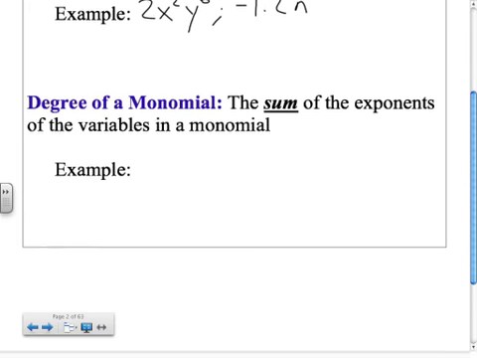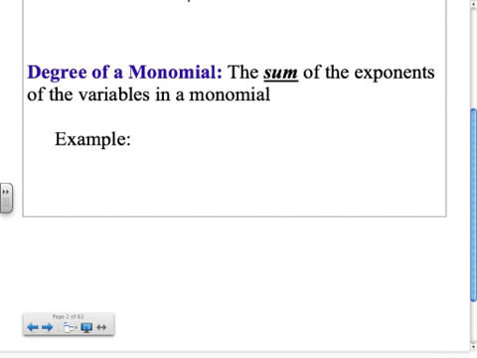The degree of a monomial is the sum of the exponents of the variables. For example, if I give you the monomial 2/3 x to the third y to the fifth, well, again, the degree of a monomial is the sum of the exponents of the variables.